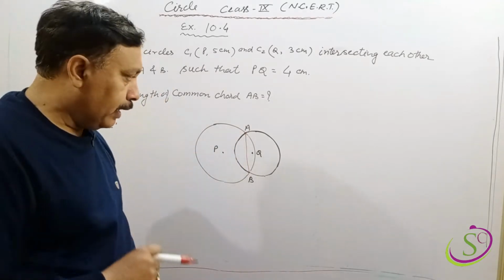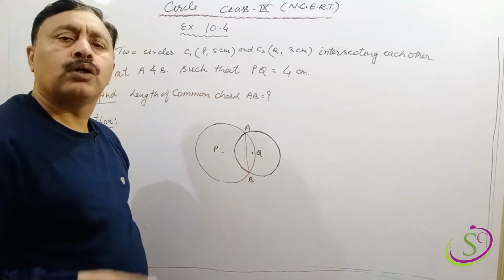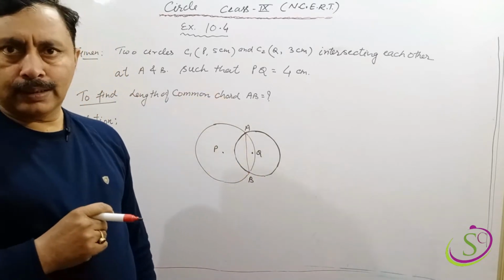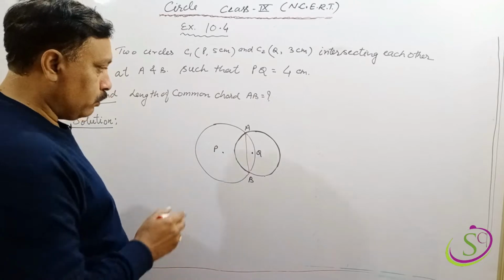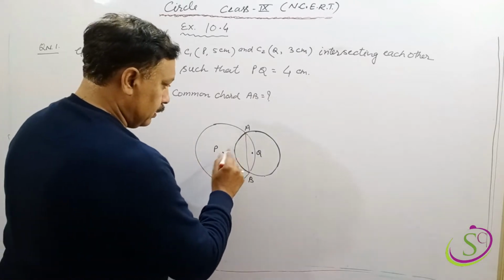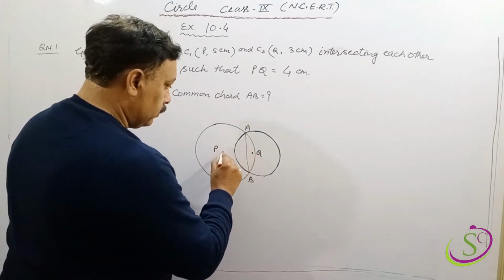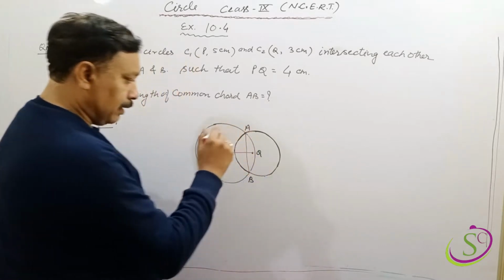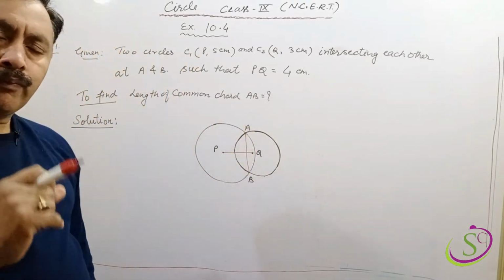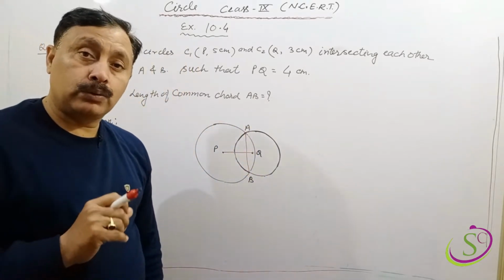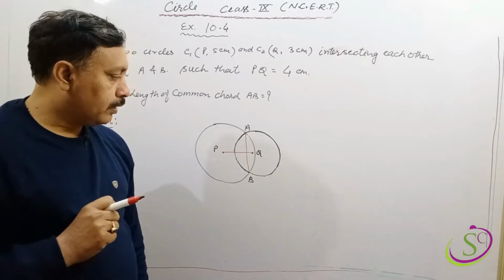And we have to find the length of this common chord. Clear? When we join the centers of both the circles, a line segment PQ is formed. Clear?